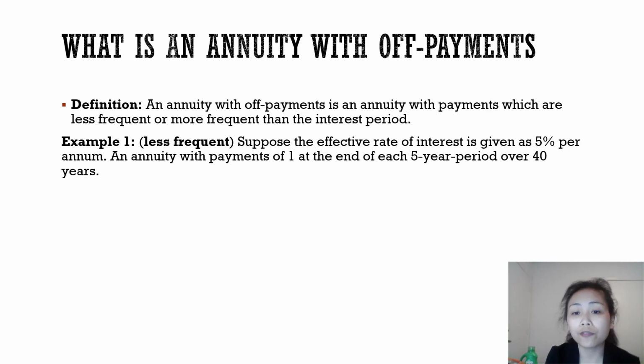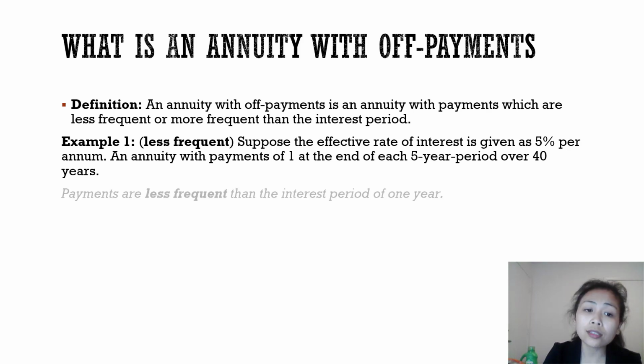Here the period of interest is every year, but the period of payment is every 5 years, once in every 5 years. That means the number of times that you make payment is less than the number of times that the interest is compounded. So this is an example of payments that are less frequent than the interest period of 1 year.